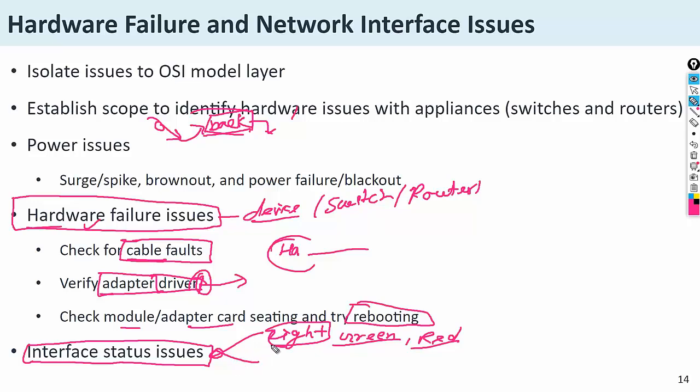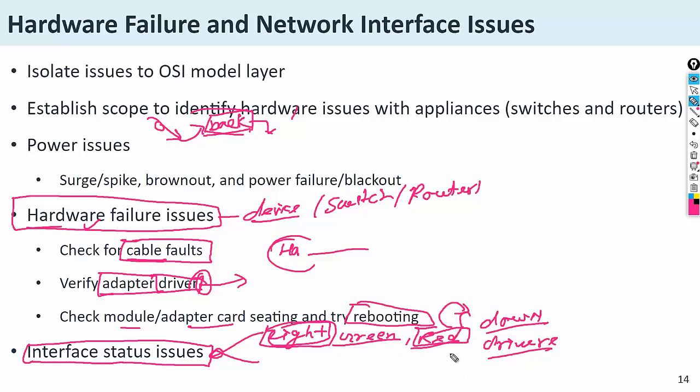If there is a red light, it means a problem with the adapter. Maybe the adapter is down, the red light will blink. Either the proper driver is not installed, so the red light will be displayed.